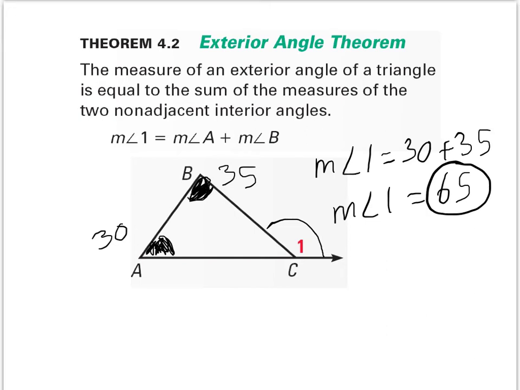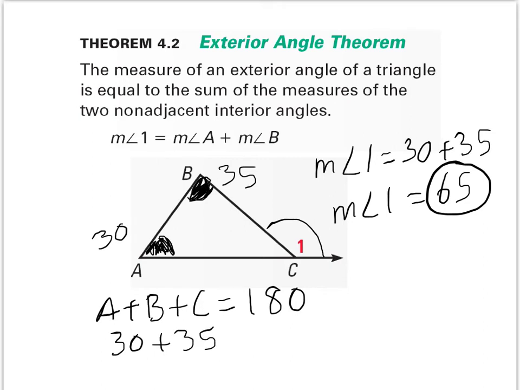Okay. Now, another thing we can notice that's interesting: we just talked about the interior angles of a triangle. We said that A plus B plus C would need to equal 180. So let's keep going with these numbers. We know that A is 30 and B is 35. And we'll leave C as is because we don't really know that yet, technically. But then if we add 30 and 35, we get 65.